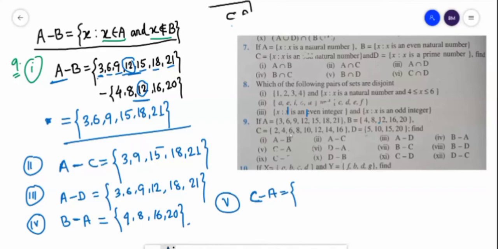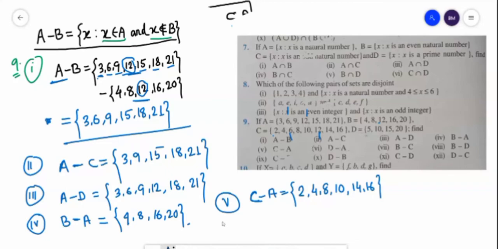These two, 6 and 12, you have to omit from C, then we get the answer. So C minus A will be 2, 4, 8, 10, then 14 and 16. That means the multiples of 3 we have to omit from C.